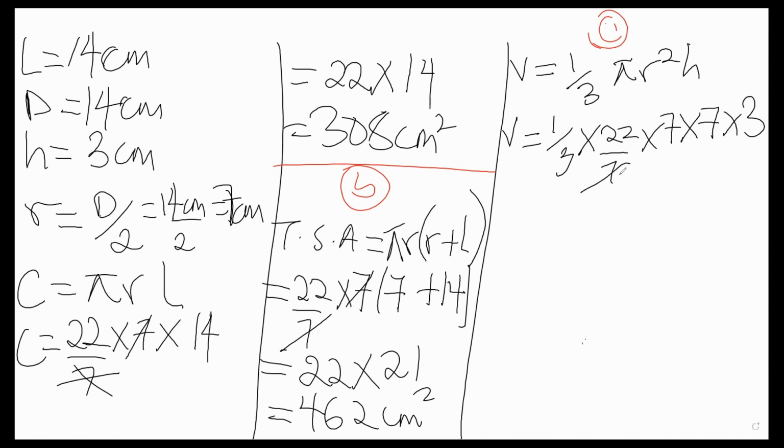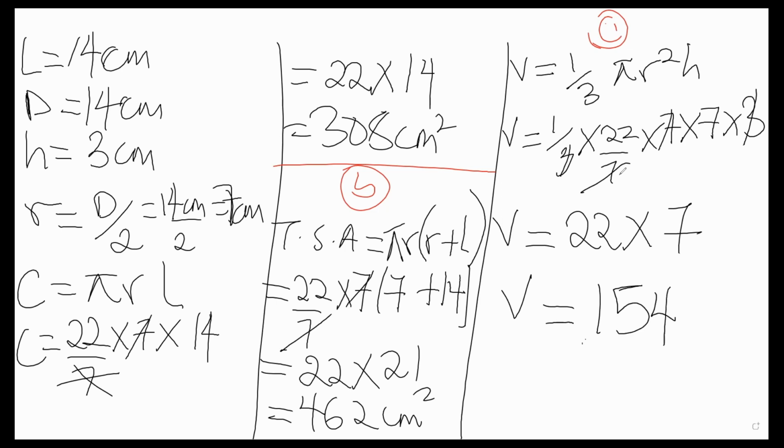So now let's cancel out. 7 will cancel 7. 3 will cancel out 3. Our volume is now equal to 22 multiplied by 7, which is going to be 154 centimeter cube. Don't forget that, 154 centimeter cube is the volume of the cone.